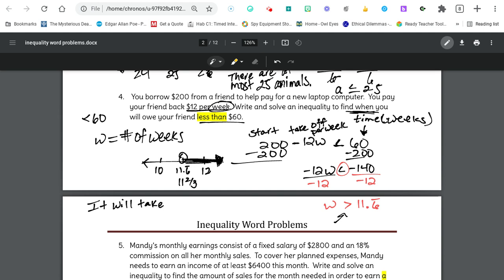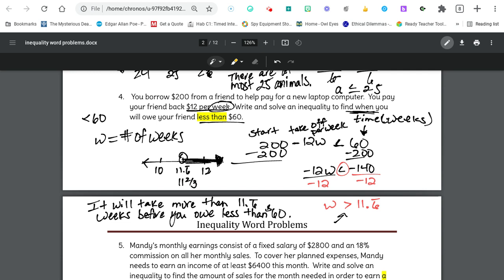I'm going to use the word more than. It will take more than 11 and 6 cents weeks before you owe less than $60.